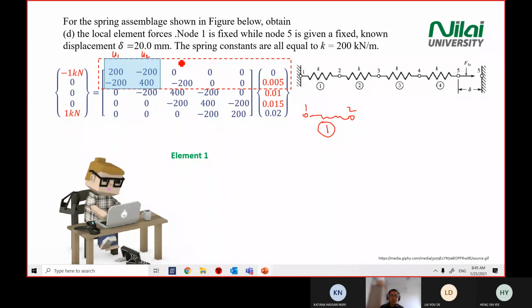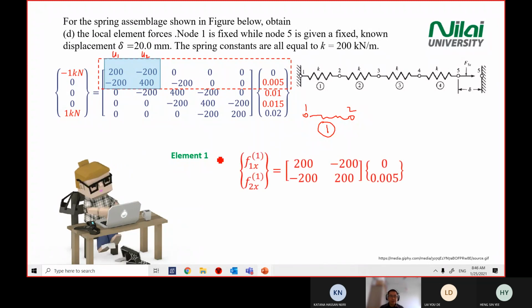The dotted box is just to highlight the zone that you should focus on, because this is the U1 and U2. So the intersection of your displacement and your stiffness matrix is the one that you should focus on. Yeah, the data we are looking at.